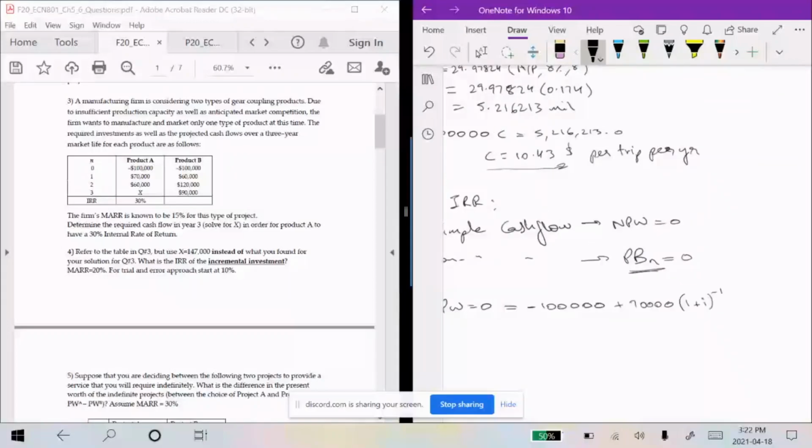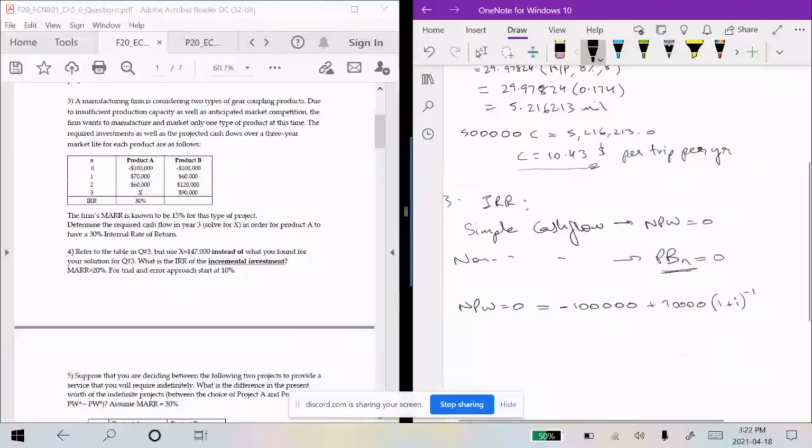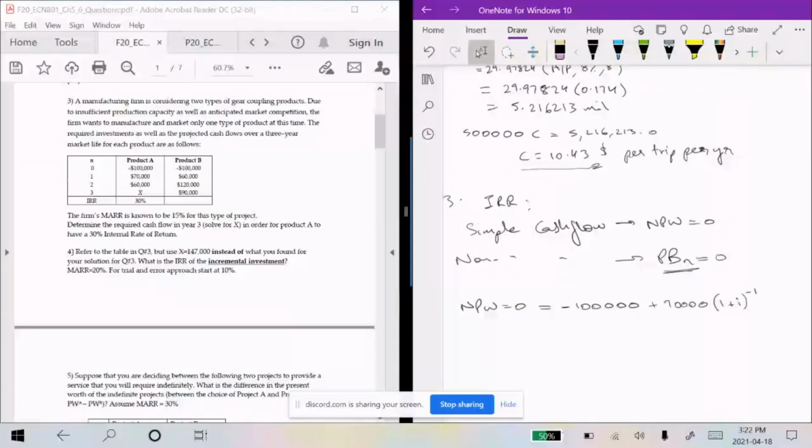And I is 30%, if I'm not wrong, right? Internal rate of return, yeah. So you can just write 1.3 raised to the power minus 1 and plus 60,000 in period 2. So you take it back 2 years. 1.3 raised to the power minus 2. X is the value that we need to find. 1.3, and you take this back 3 periods.